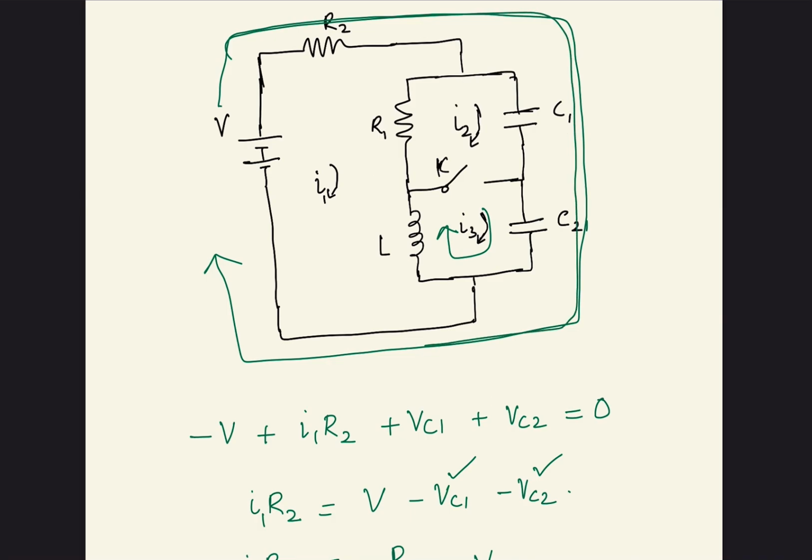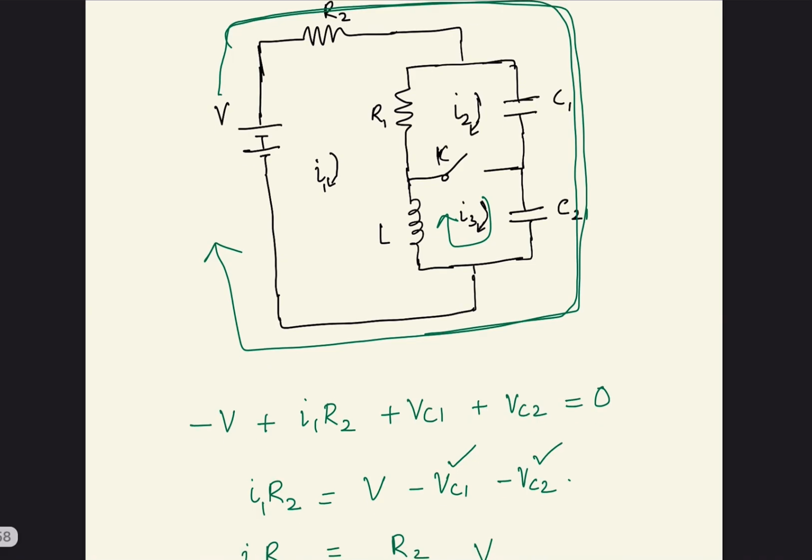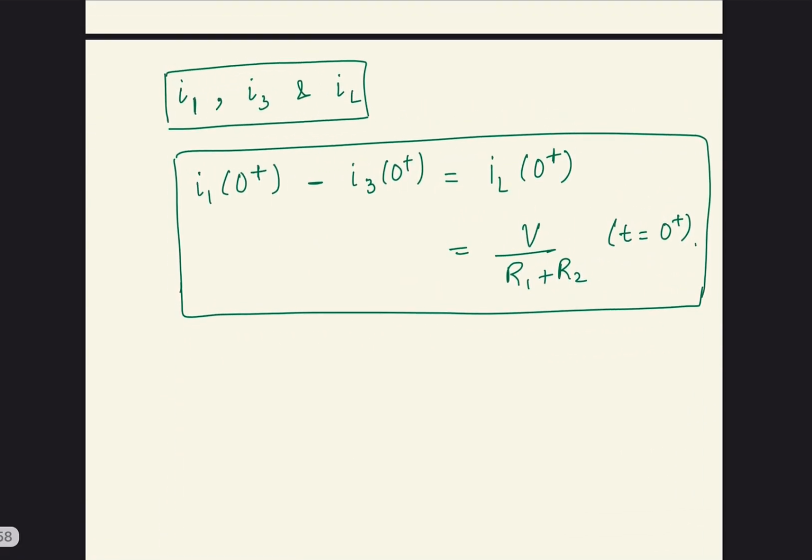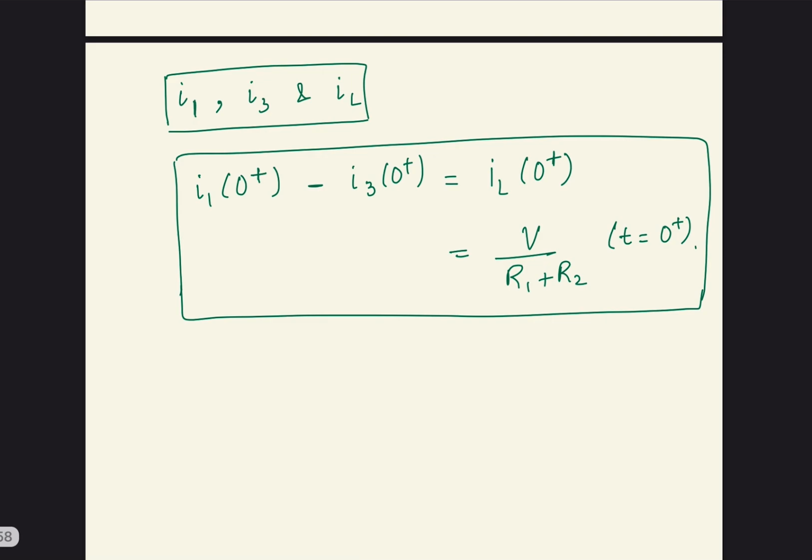So what is the current IL that is flowing like this? It is the subtraction of the two currents I1 and I3. Since this is known, it is known that the current IL in an inductor cannot change instantaneously.